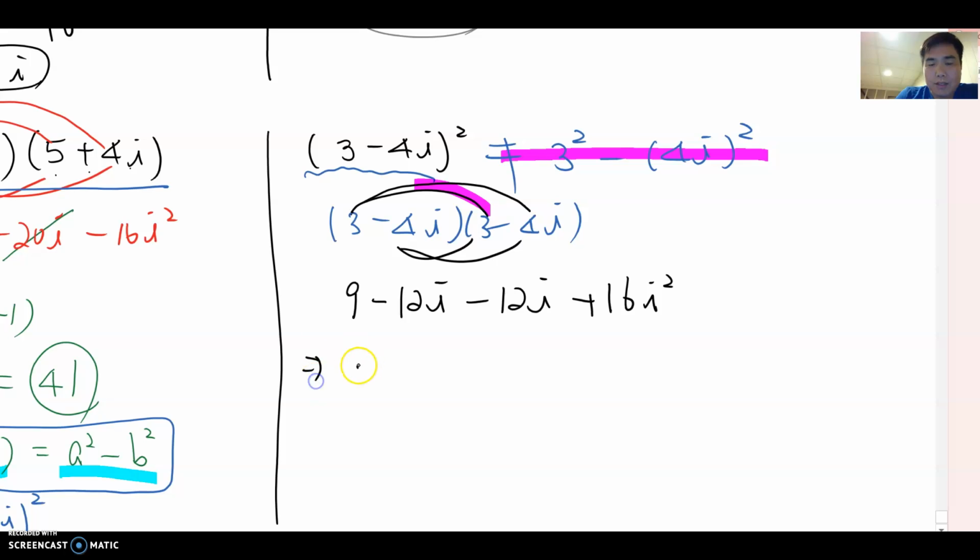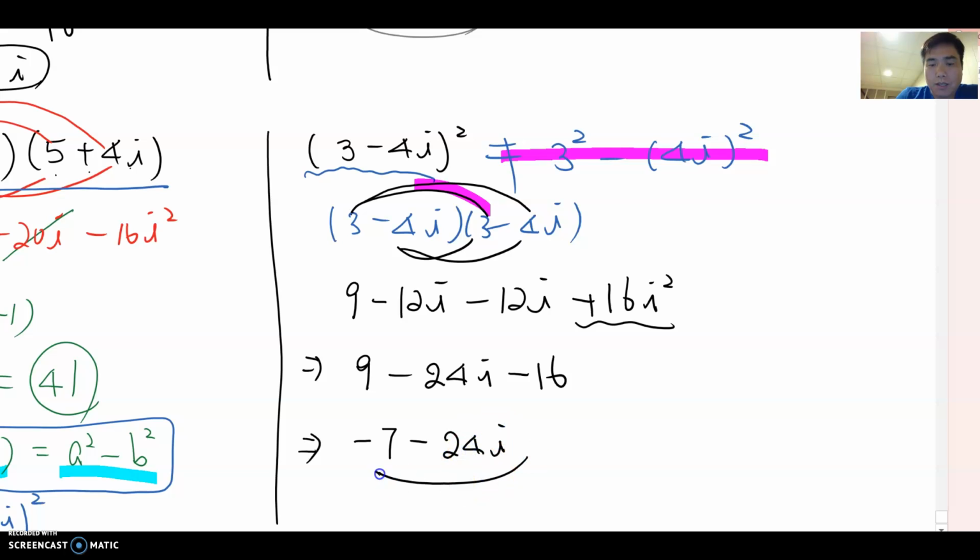Simplify, then 9 minus 24i. Now we can rewrite negative 16, right? Because i squared becomes negative 1, so negative 1 times 16 becomes negative 16. So combine like terms one more time, then it becomes negative 7 minus 24i. That will be the answer for this expression.